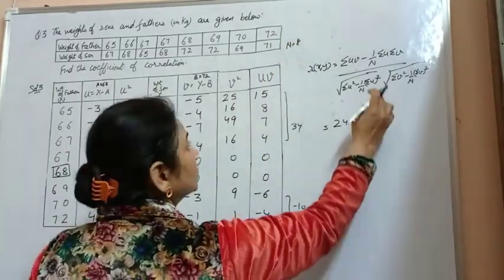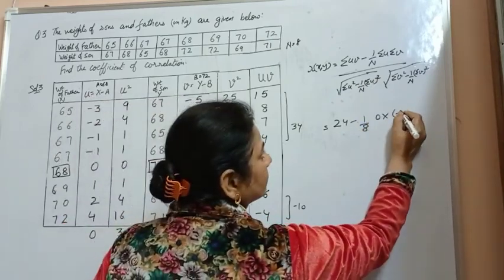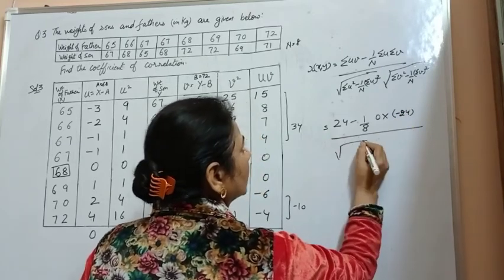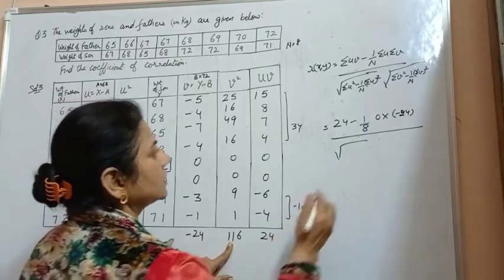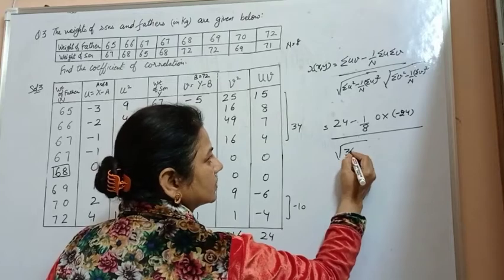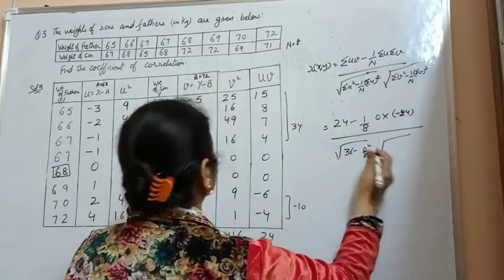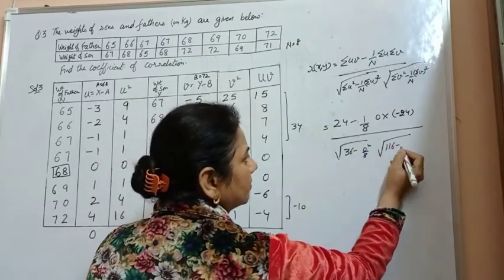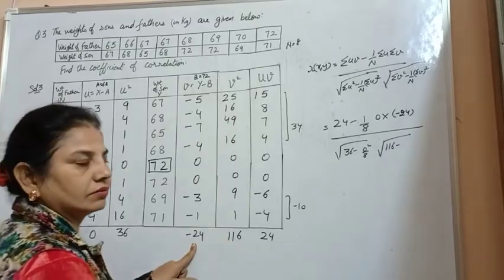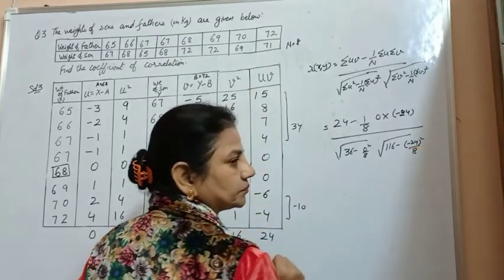Sigma u is 0 into sigma v is minus 24, divided by under root of sigma u square, which is 36, minus 0 square upon 8, times sigma v square, which is 116, minus minus 24 whole square divided by 8.